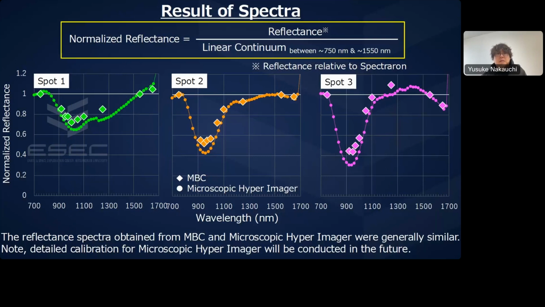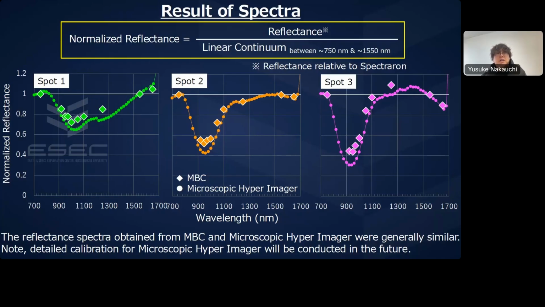The diamond-shaped plots represent the MBC data, while the small circular plots show the data acquired by the hyperimager. The spectral shapes of both datasets are similar, and the absorption features are clearly captured.